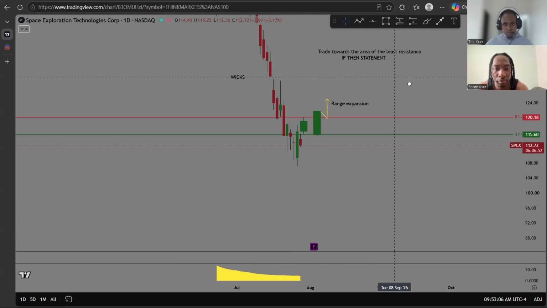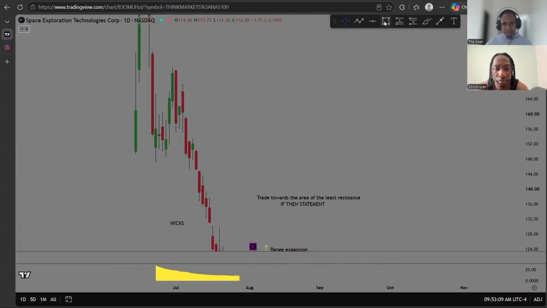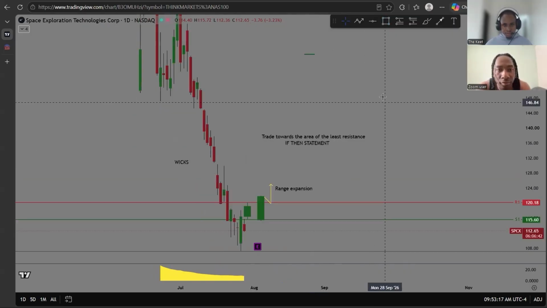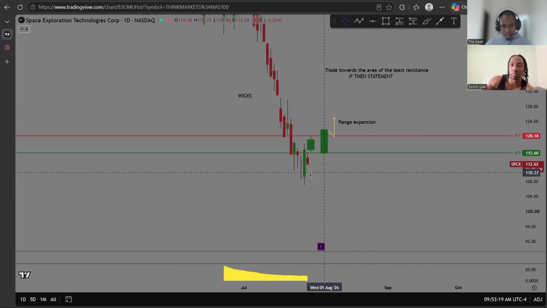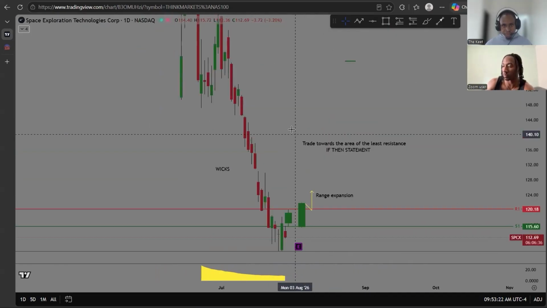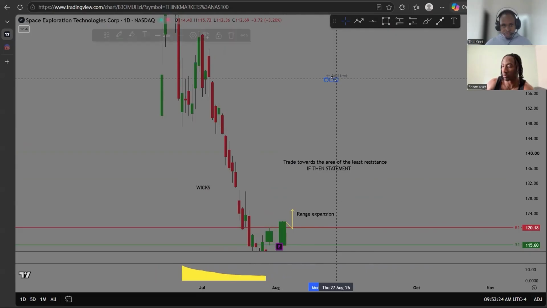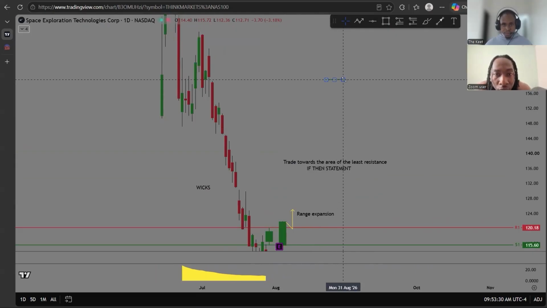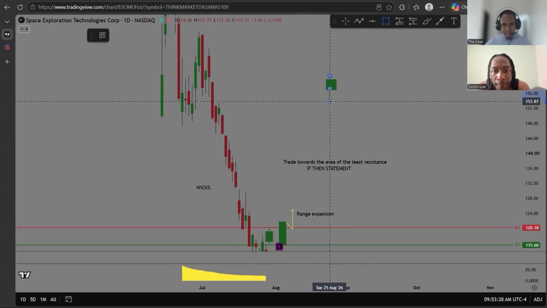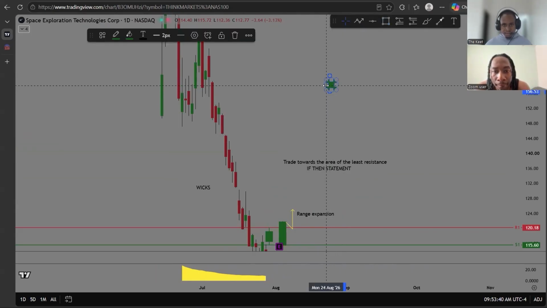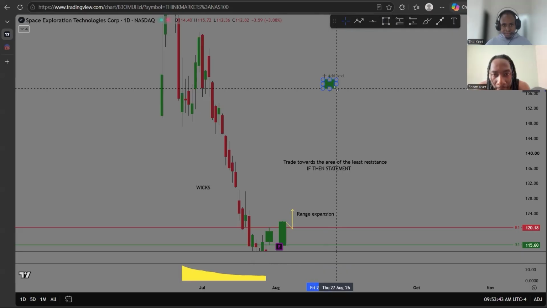For example, this is the open of a new candle. Let me just give you an example before we go to the chart. So this candle opens like this, and it shows you the open. If it comes down here, it leaves a mark that the price came here previously.